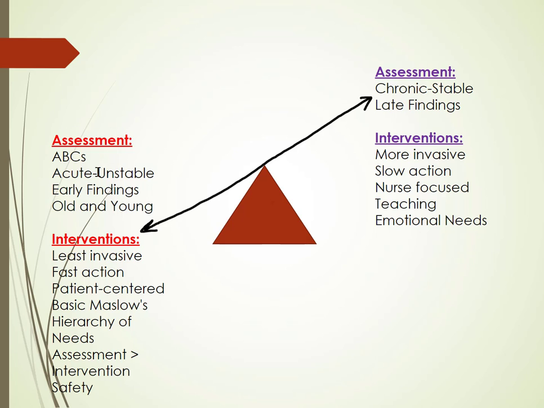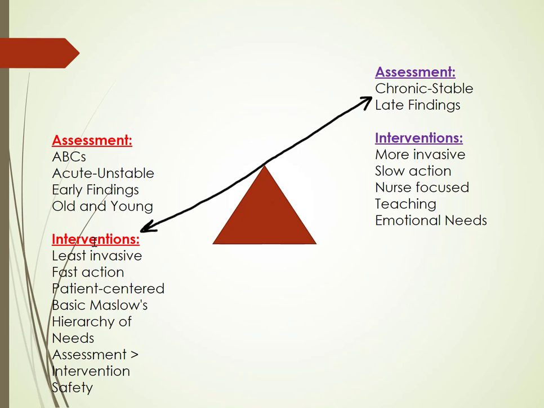For example, when it comes to assessment, you need to use ABC, airway first before you prioritize breathing and circulation. Any compromise in airway, that's your priority. Any patients who have acute onset of condition, like acute heart failure or acute kidney injury, that's your priority. Any patients who have an acute onset of disease process, they're unstable, guys. Okay. Early findings, old and young, these are your priority.